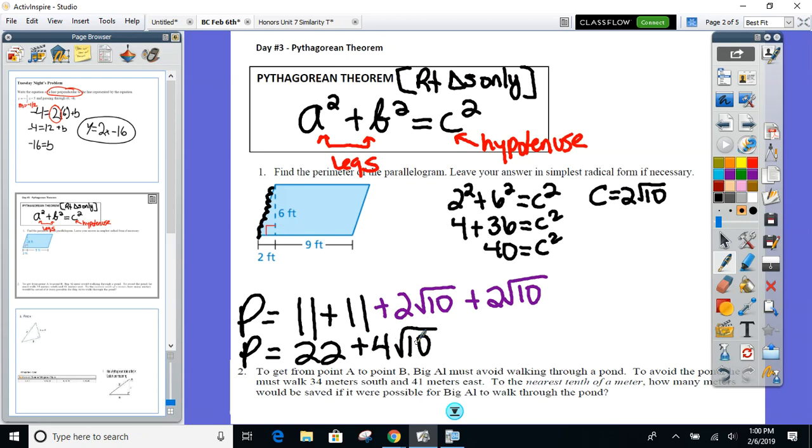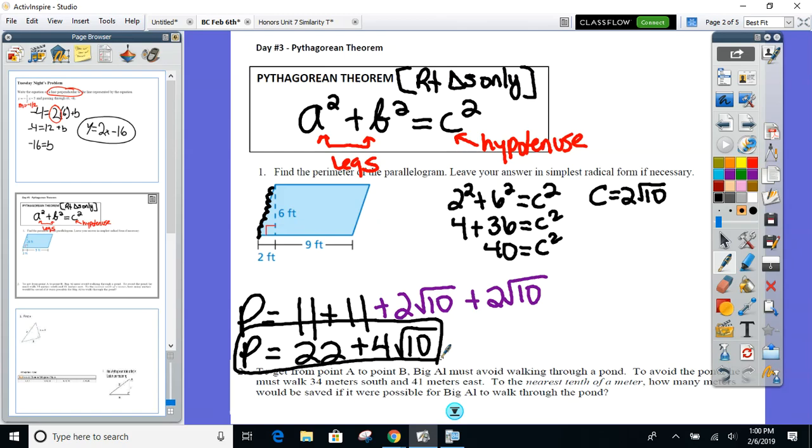And then, hey, kids, can I combine what's left here? 22 and 4 radical 10. Does 22 have radical 10 in it? That's it. It's a great question. A lot of geometry in there.